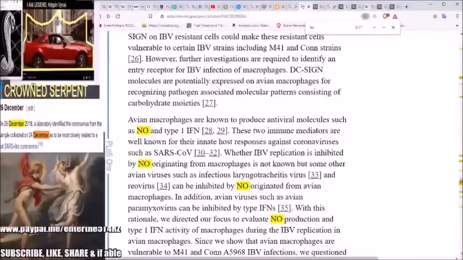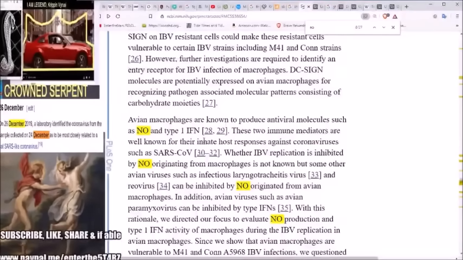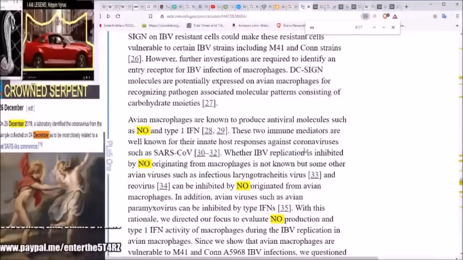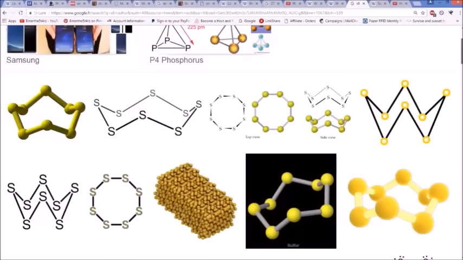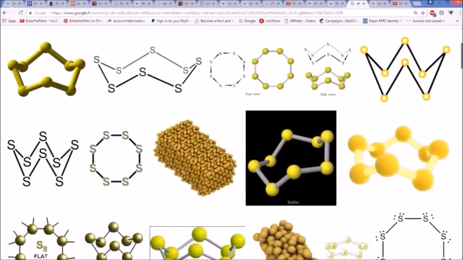Are known to produce antiviral molecules such as nitric oxide and type 1 IFN. These two immune mediators are well known for their innate host responses against the virus. It looks like a crown. I said, this is the devil's crown, you guys. It sure is.